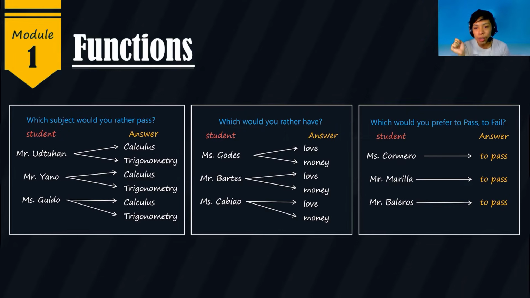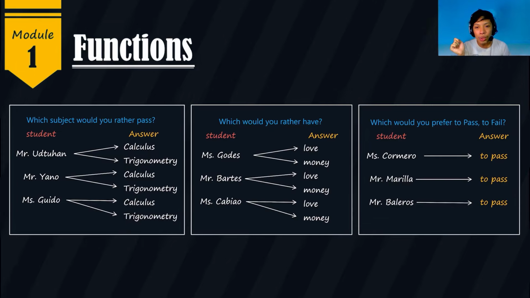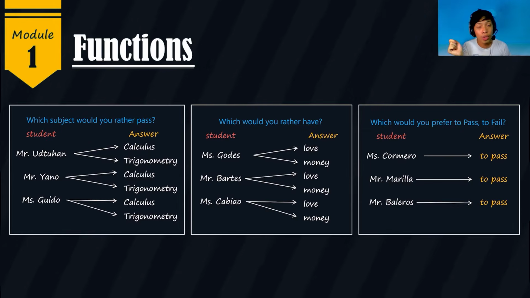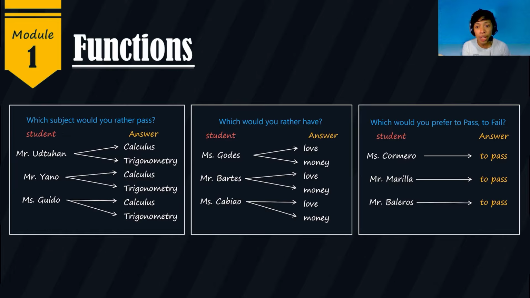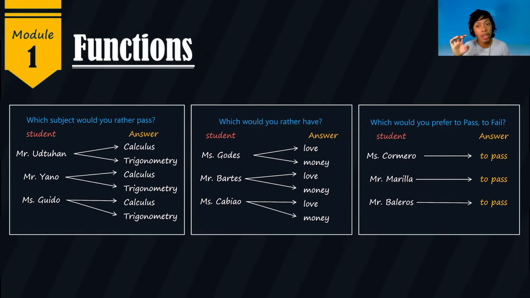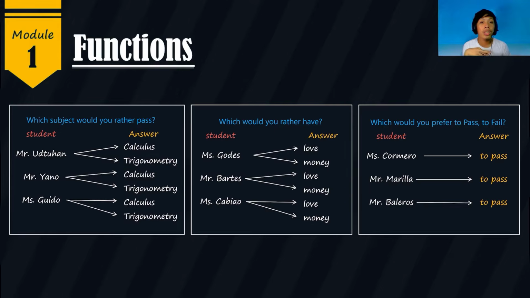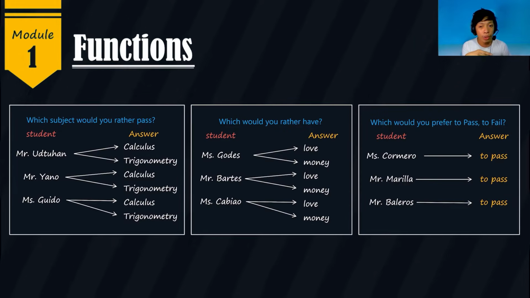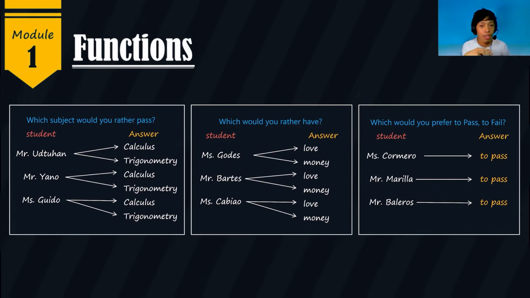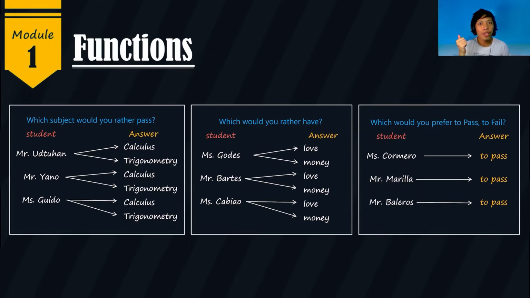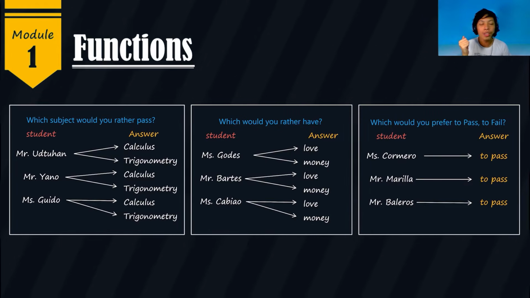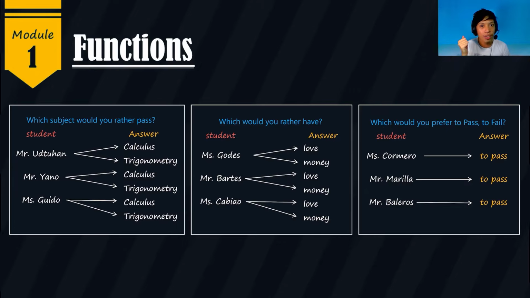For example, Mr. Utuhan answers calculus and trigonometry. The same with Mr. Yano and Miss Guido. So each element on the first column corresponds to more than one element on the second column, which makes it not a function. So the first table is not a function.